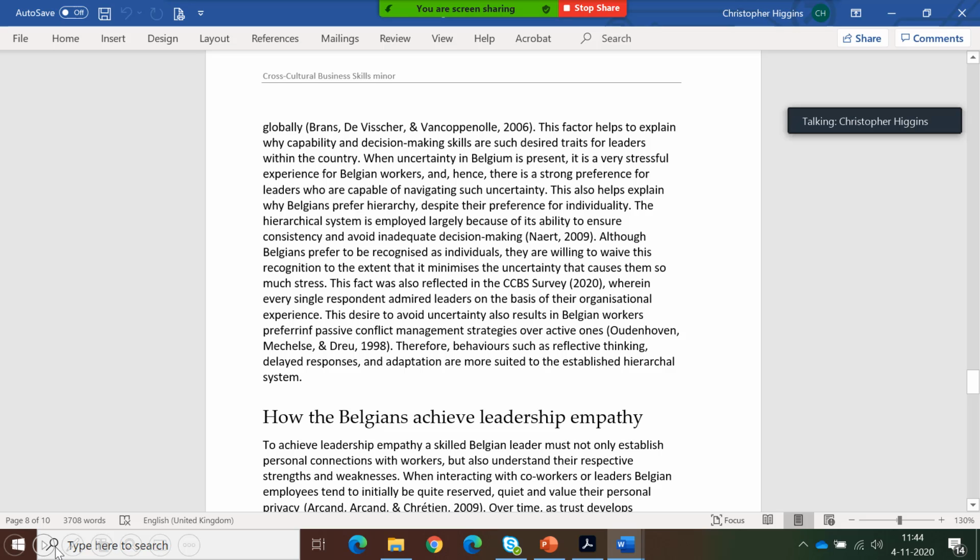And they do this to say this fact was also reflected in the CCBS survey, wherein every single respondent admired leaders on the basis of their organizational experience. So they're using the survey data to support, to extend, to confirm other things that are being found in other data that they're using, interviews, desk-based academic research, and so on and so forth.